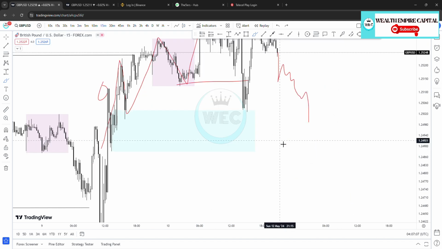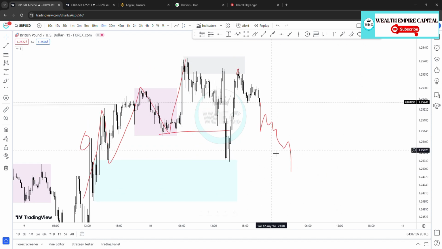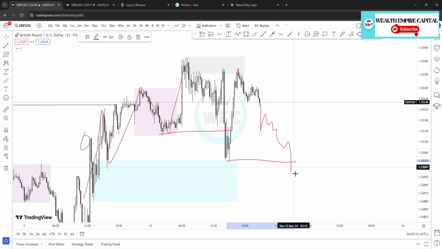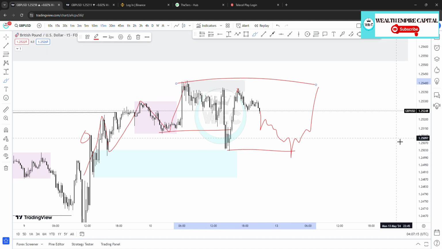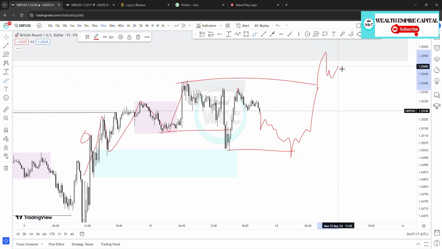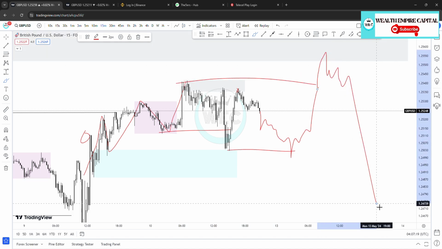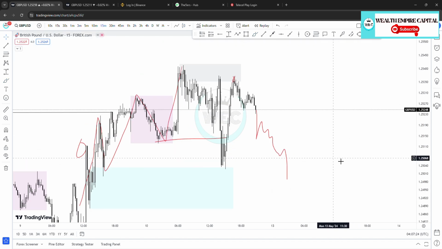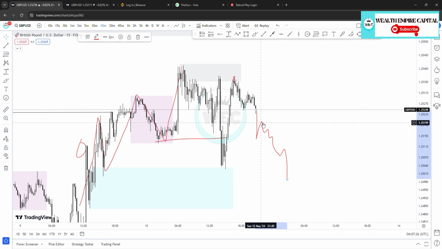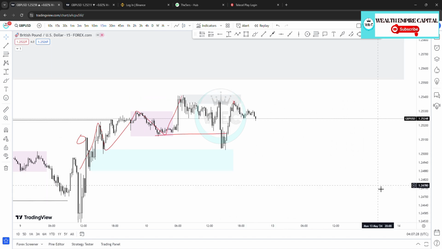But I will actually prefer price to clear this, push up, take out this high into this point of interest, then I can start looking for sells. I'll be happy if I see that, but apart from that, anything that price does, I will just have my eyes on. So that is what I will also be looking at on GBPUSD.